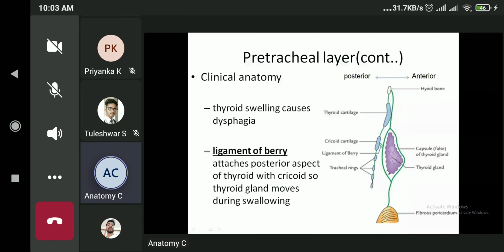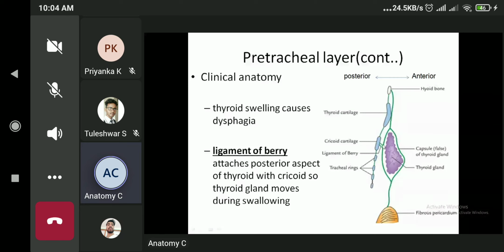So the posterior part of the thyroid gland is connected to the cricoid cartilage by the ligament of Berry. As this ligament is suspending the thyroid gland, it is known as the suspensory ligament of the thyroid gland, or ligament of Berry, as Berry was the individual who first identified the structure. It is also derived from the pretracheal layer of deep cervical fascia.